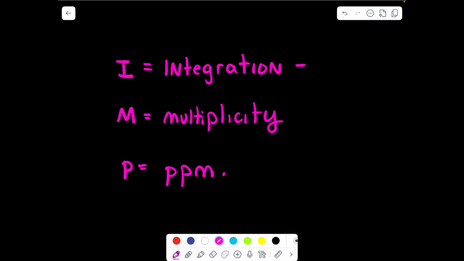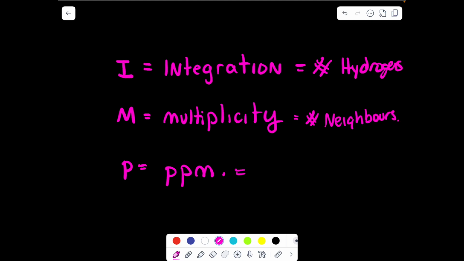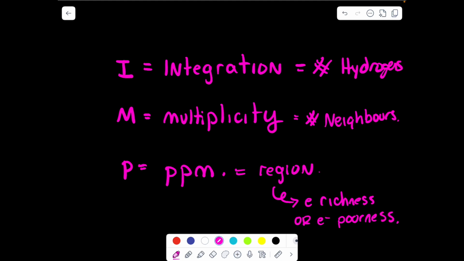The integration is equal to the number of hydrogens. The multiplicity is going to give you insight into the number of neighbors. And the ppm is going to give you insight into the region, and the region corresponds to electron richness or electron poorness. So these are 3 things to know.